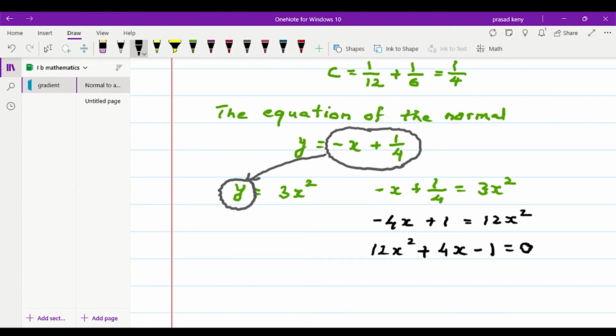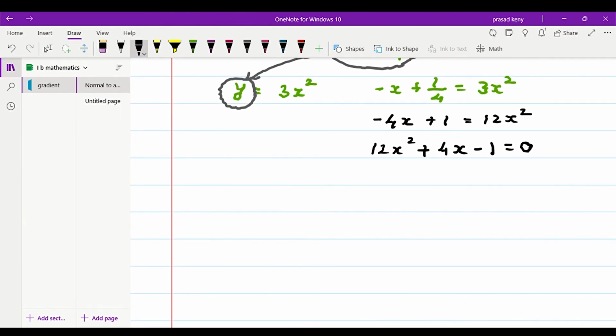I'm shuffling the terms and getting the quadratic in the standard form, ax square plus bx plus c is equal to 0. Now x square coefficient is 12 and constant is 1, so the product is 12, and the sign of the constant is minus.